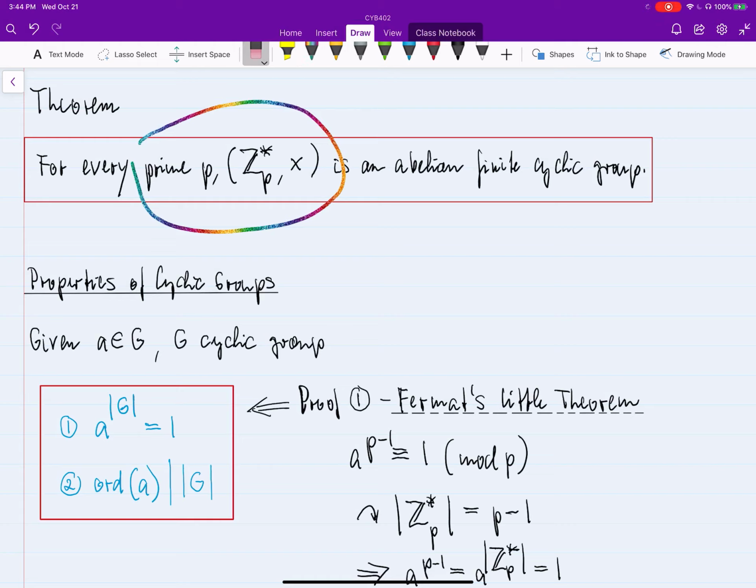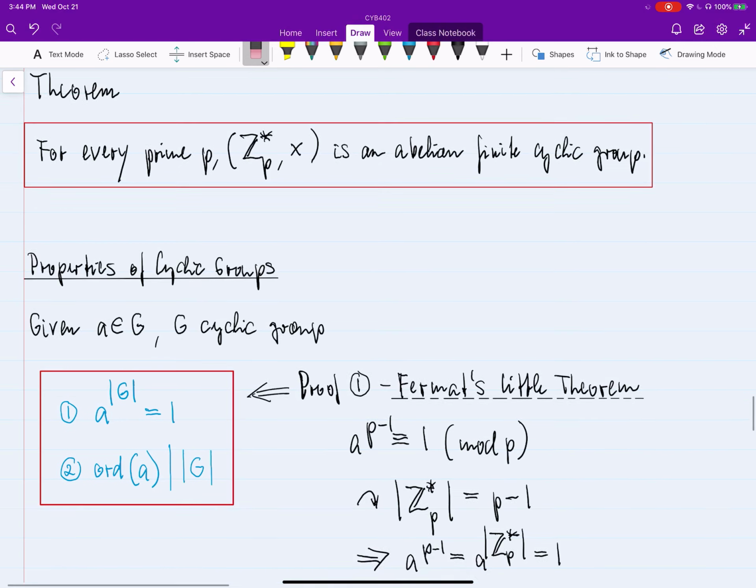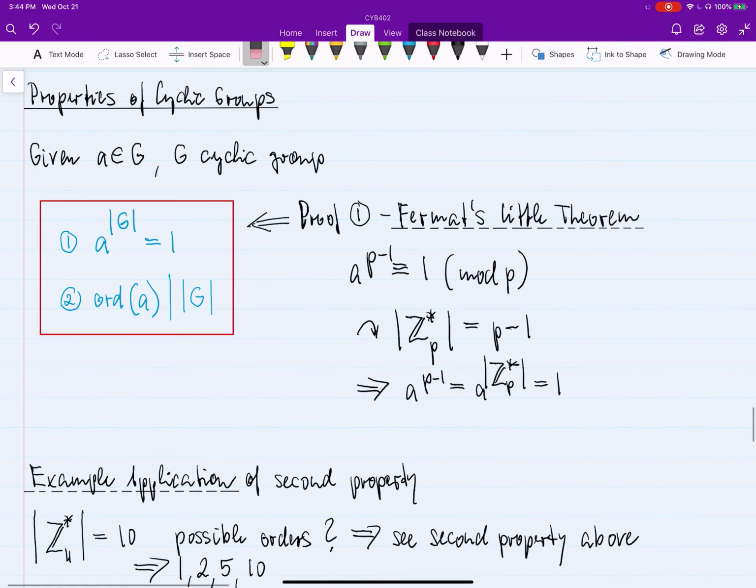Okay, so this is important. So as soon as we choose p to be a prime number, we have a cyclic group, which is very convenient. So let's look into two useful properties of cyclic groups that we are going to make use of later on.